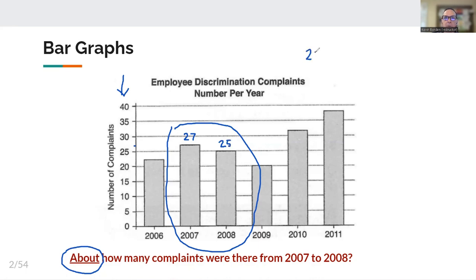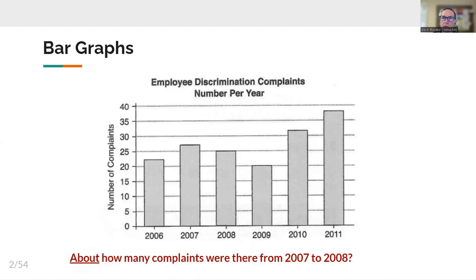So we would add 25 and 27, and we'd get 52. But if the answers showed 51, that would probably be close enough. Even 50 might be close enough, depending on what the answers are. It's a little bit hard when you're reading bar charts to come up with exact answers. So a lot of times those will be estimates.